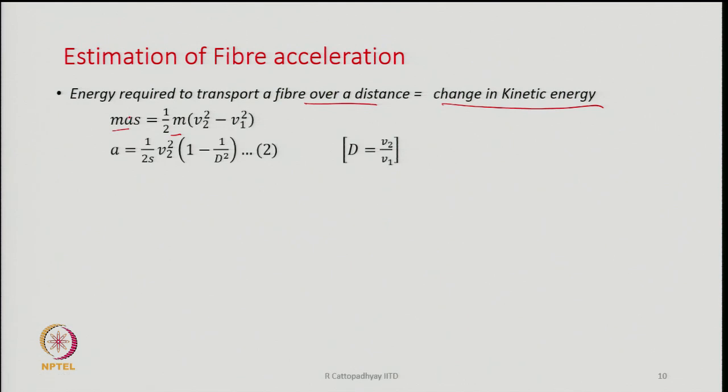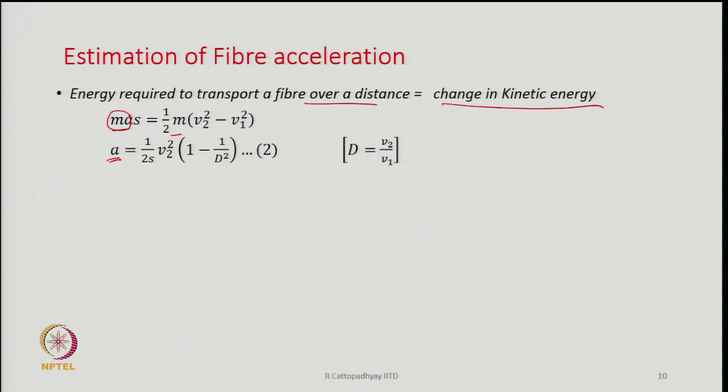So, force into displacement, this is the force, S is the displacement. This side is energy and the right hand side is also kinetic energy, so they can be equated, and from there we can find out the value of A.